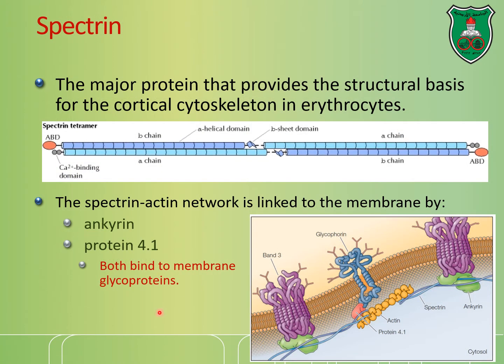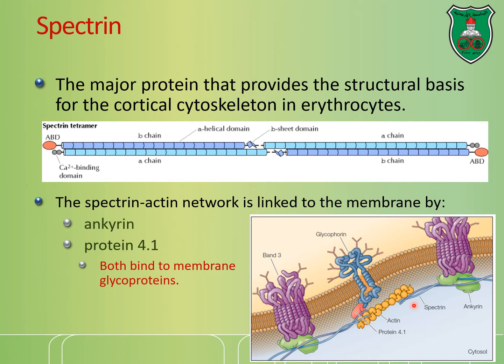So one of the proteins that form the cortex, the actin cortex, underneath the plasma membrane in red blood cells is known as spectrin. And spectrin is actually a long protein, and it interacts with the actin, okay, connecting actin filaments to each other.